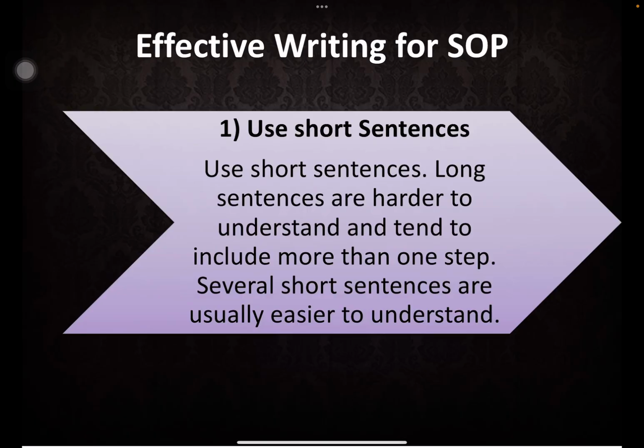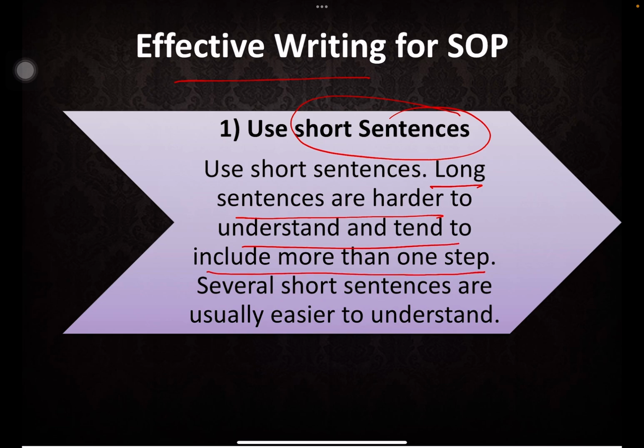So, in order to write an SOP effectively, you need to use, number 1, short sentences. Why? Because long sentences are harder to understand and tend to include more than one step. So say no to long sentences, instead use short ones, because short sentences will be easier to understand.